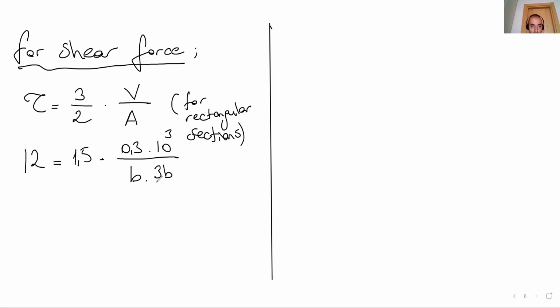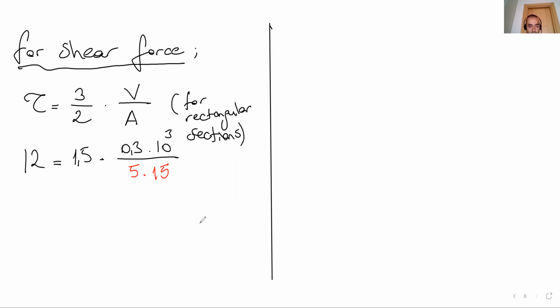By the way, instead of calculating B from here, we can put the B that we calculated from the moment here. We can write here 5 times 15.